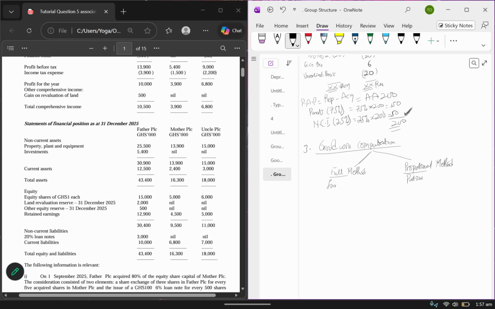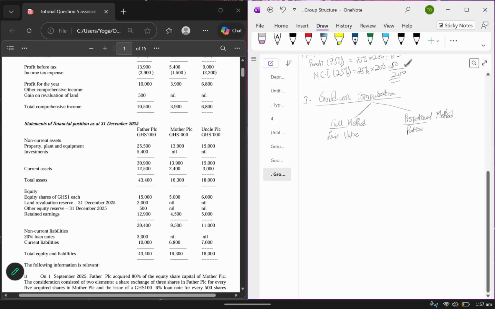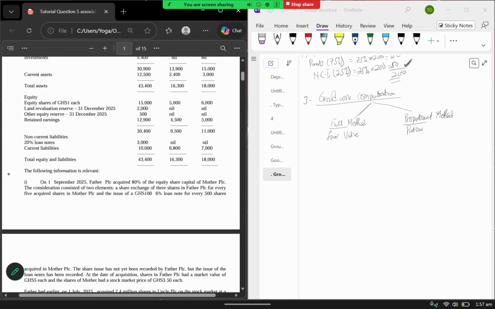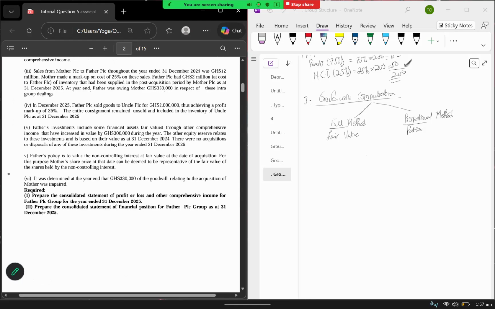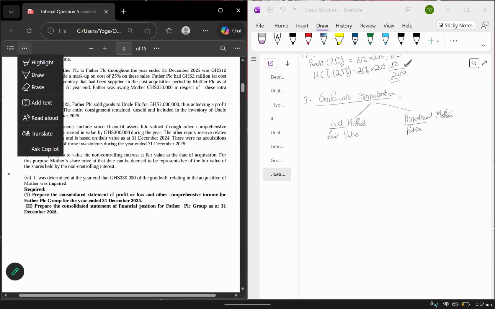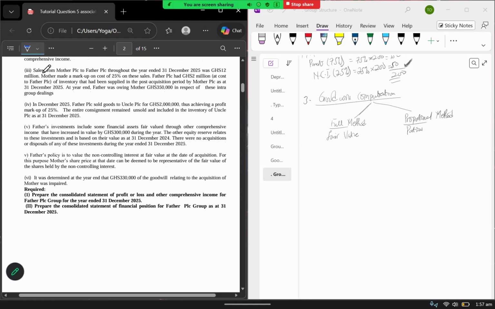And this one is the fair value method. Okay, so depending on the question, you see that normally when you read the question, the parents' policy is to value NCI either at fair value or at the proportional method. Yes, so with this one, they said the parent's policy is to value the non-controlling interest at fair value.